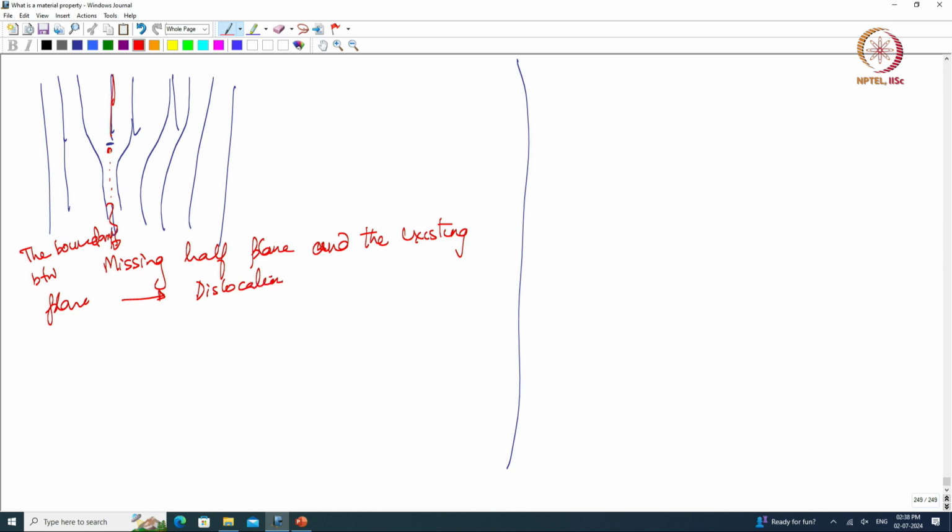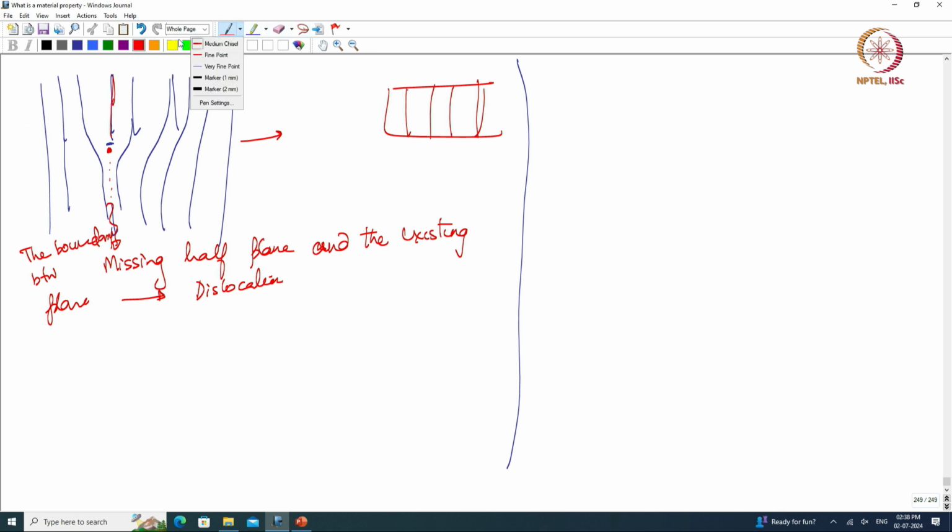So, now if I strain the material, if I stretch the material, or let us say if I shear the material, eventually the material will end up as something like this, right. There is going to be one step motion if I just apply some shear on this material.